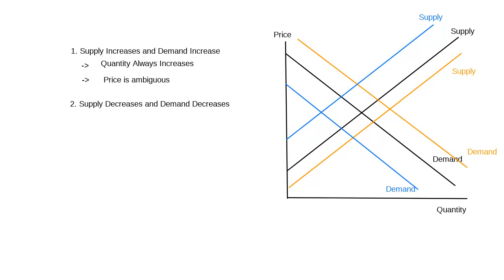So here, quantity always decreases. Price is ambiguous. All right.